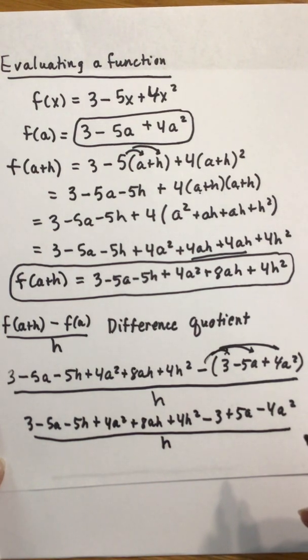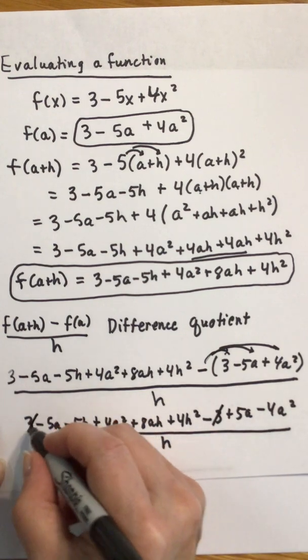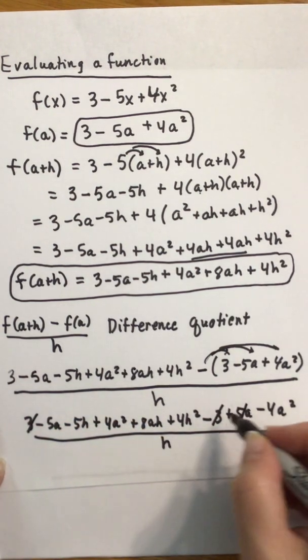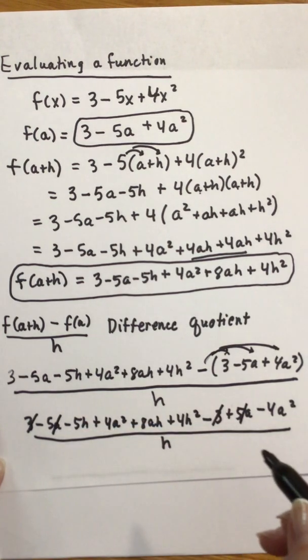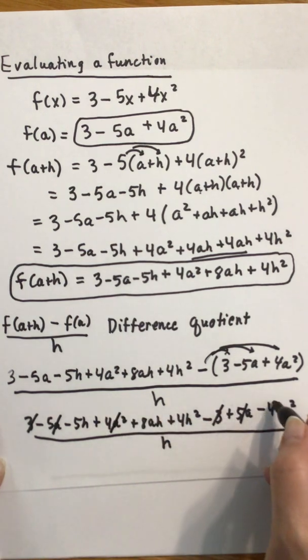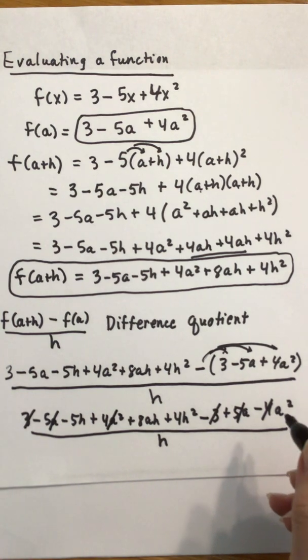But now what do you see that can cancel out? We've got a negative 3 and a negative 3 add to be 0. And you've got a positive 5A and a negative 5A add to be 0. And we have a negative 4A squared and a positive 4A squared that add to be 0. So give everybody a chance to catch up to that point.